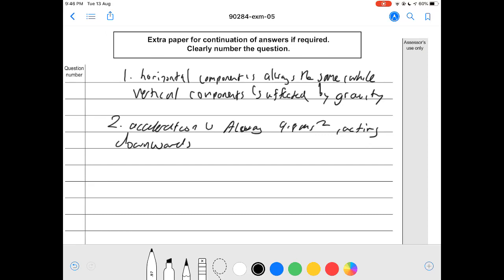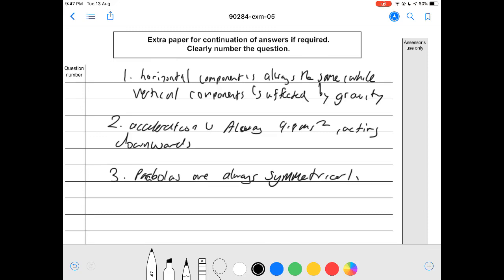And number three, in terms of parabolas, when you have a parabola, they are always symmetrical.